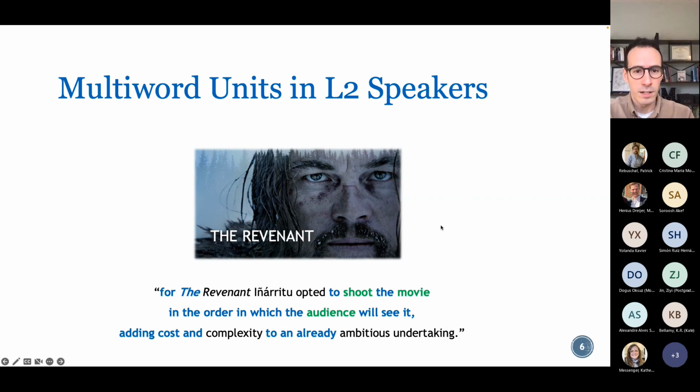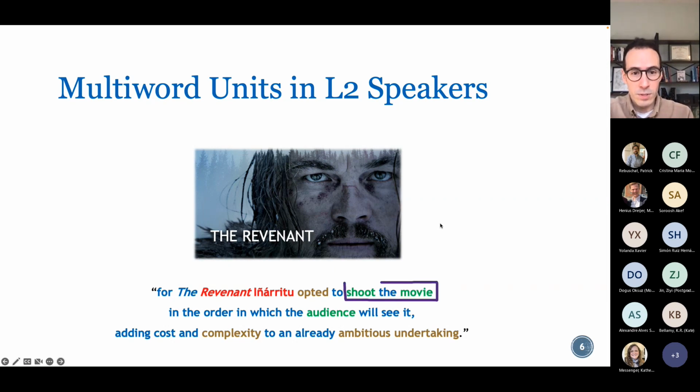What both native and non-native speakers might notice here is there are words of very high frequency in English, and some of these are a little less frequent. And then you have words like Revenant and Iñárritu that are very low frequency in English. But it's often overlooked by learners that there are co-occurrences in the input, such as the order in which, ambitious undertaking, or to shoot the movie.